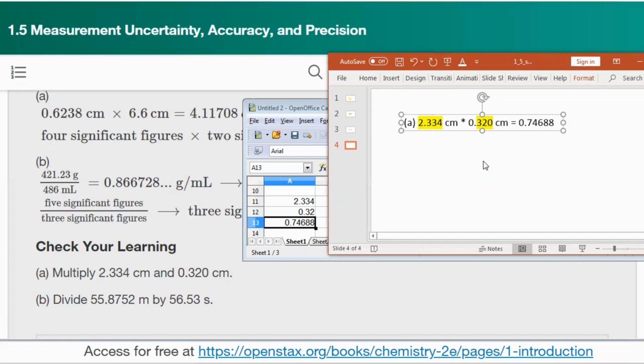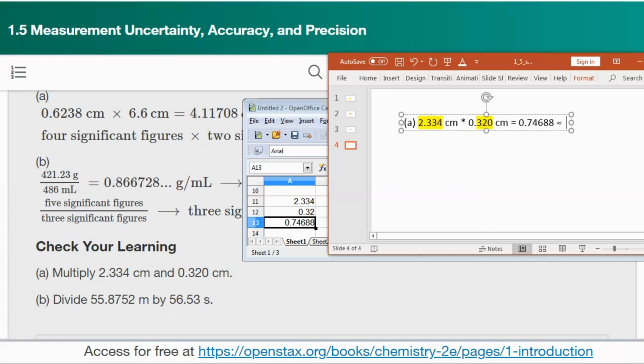The answer should have the same number of significant figures as the products of the 2 numbers. So you take the 2 initial numbers and they have a certain number of significant figures. The one with the least number of significant figures gives you the number of significant figures that should be in your answer. There's probably a better way of saying this, and I was trying to think of it.